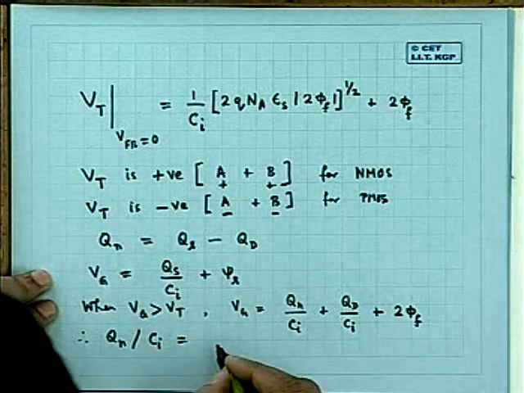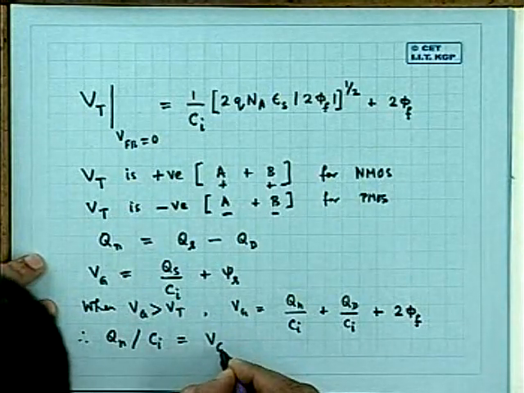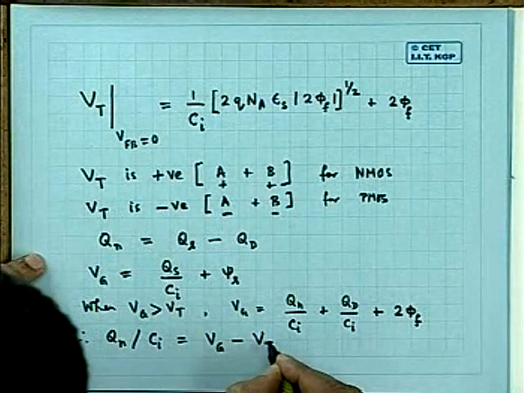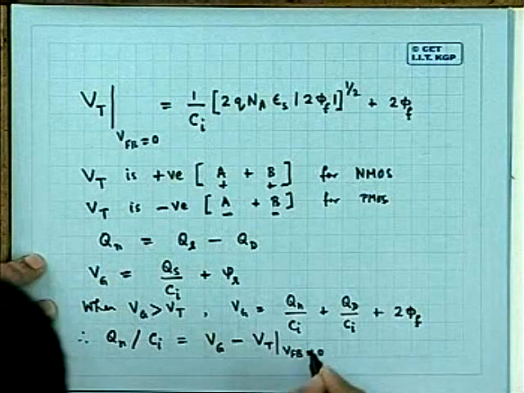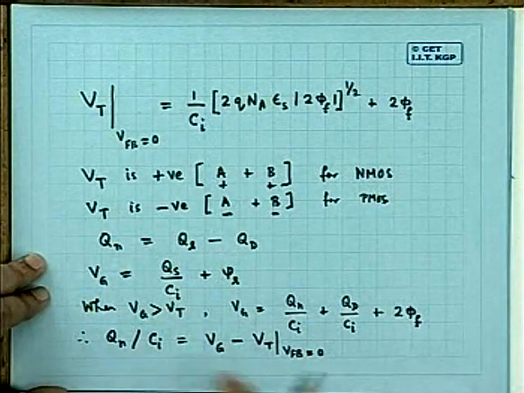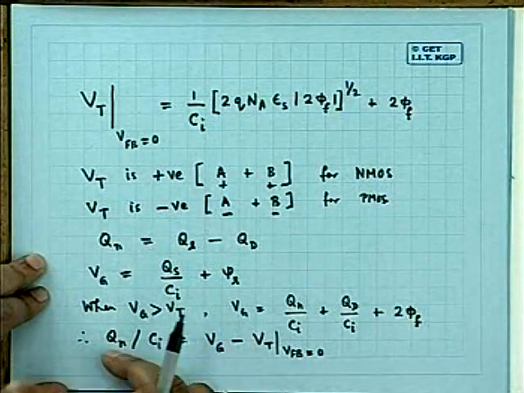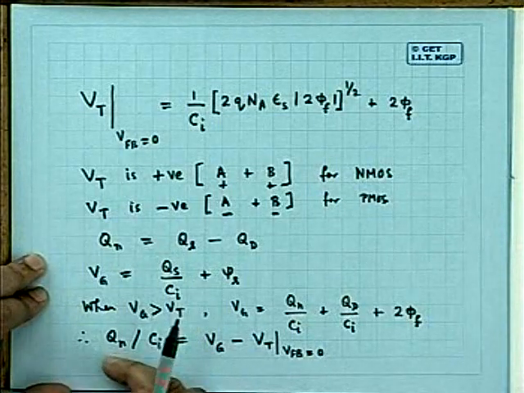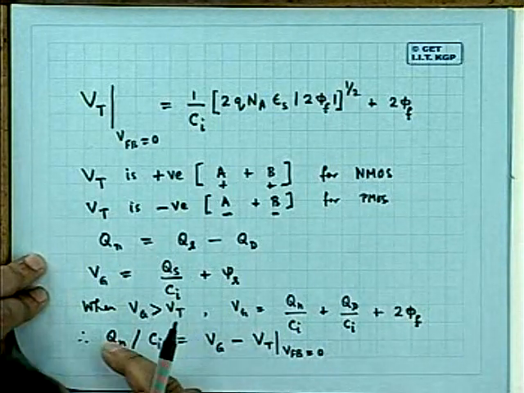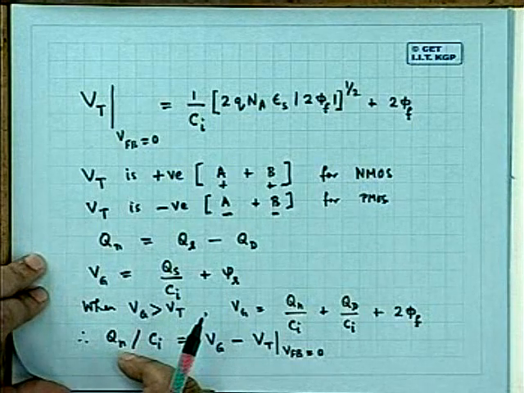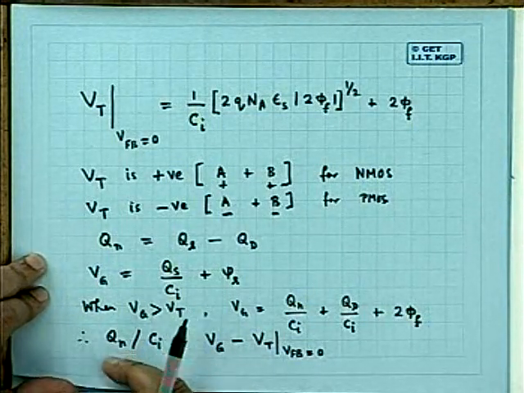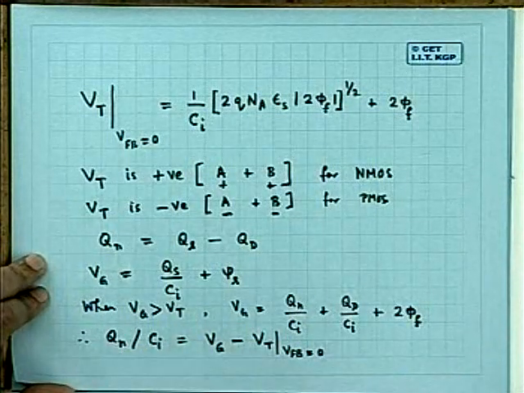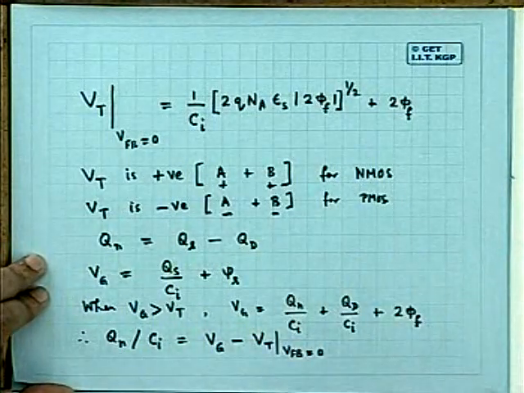So this is therefore simply equal to Vg minus Vt with Vfb equal to 0. So it is an easy task to calculate the inversion charge density. You can convert it into a number, simply divide it by Q. If you divide it by Q, you get so many electrons per unit area stored in the inversion layer.